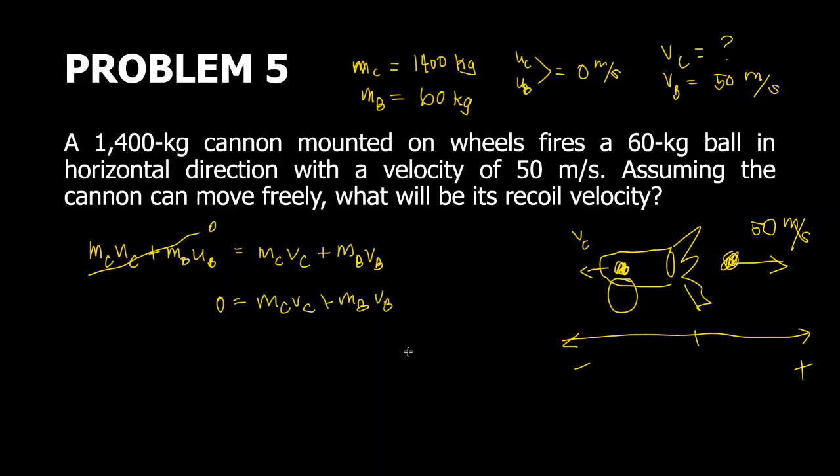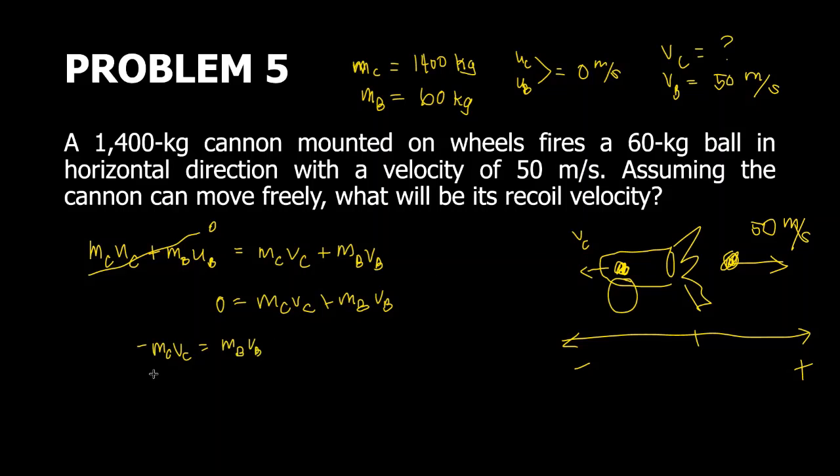We're finding v sub c. So what we need to do is some algebraic manipulation. That's going to be negative m sub c, v sub c equals m sub b, v sub b.